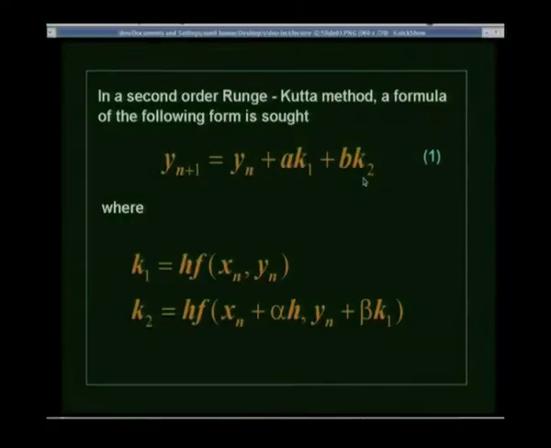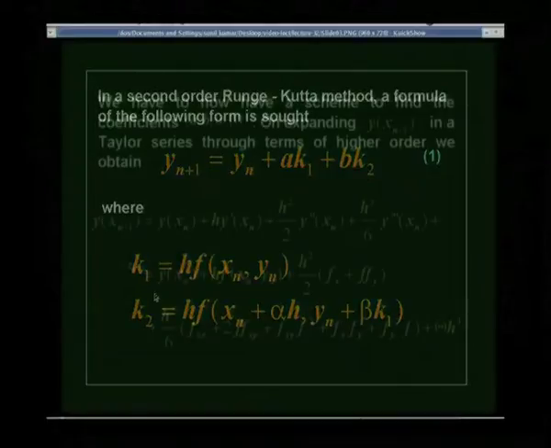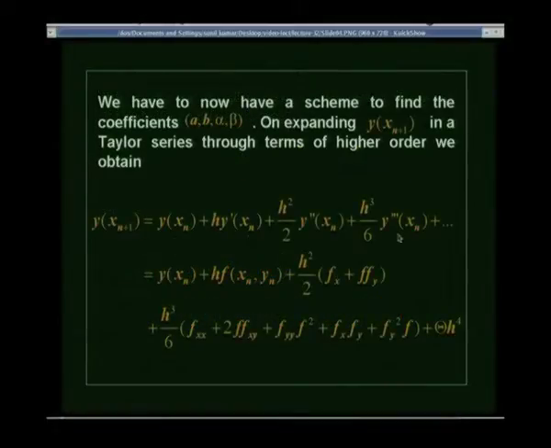Let me summarize that once again in this slide. I write y_{n+1} as y_n plus a k1 plus b k2, where k1 is h f(x_n, y_n), and k2 is h times f at x_n plus alpha h and y_n plus beta k1. Then I expand this term, y at x_{n+1}, using a Taylor series expansion.